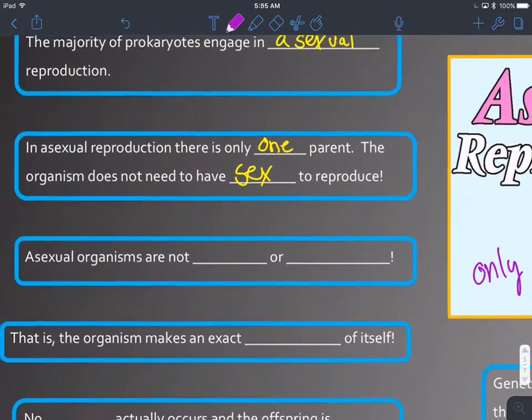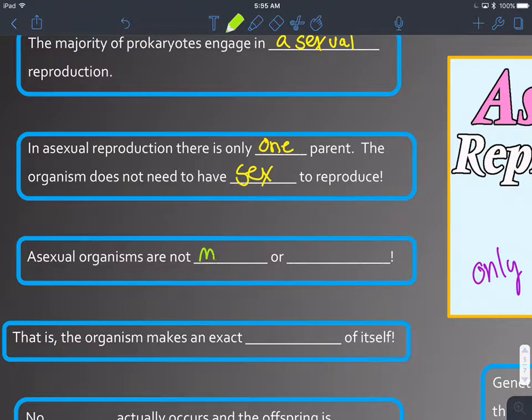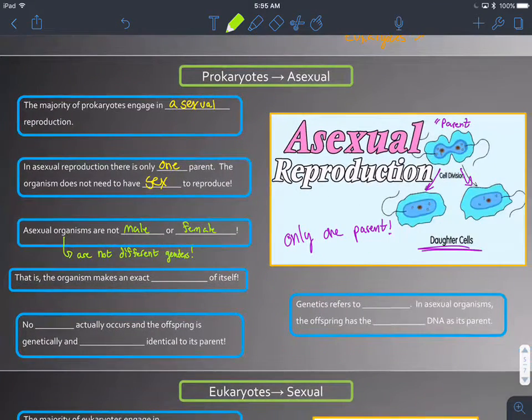Asexual organisms, you should also note, are not male or female. These organisms are not different genders. There's no different parts. That's why I'm saying that there's just one parent.